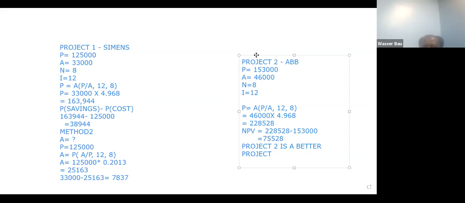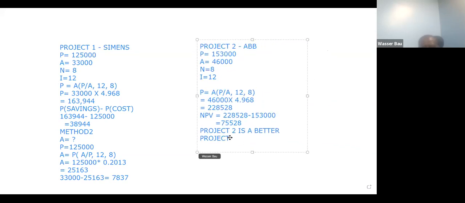Now, how about the proposal from ABB? Let's see. So method 2 for ABB now. The same thing applies. We're looking for A, but this time the proposal from ABB says $153,000. Same number of years, same number of everything. Therefore, A will be P times A over P, 12%, 8.